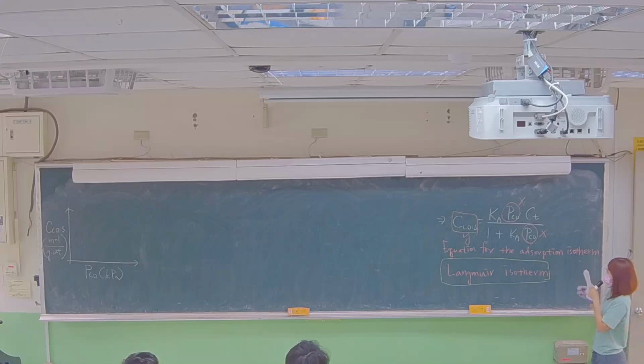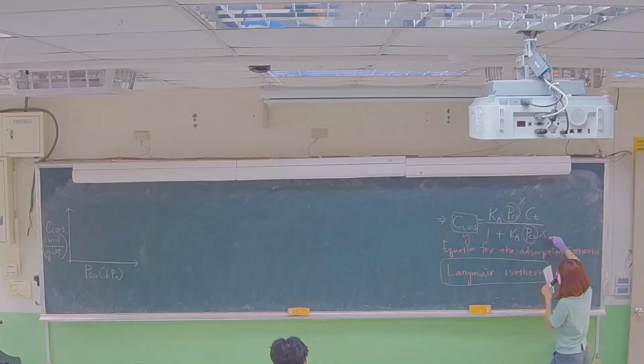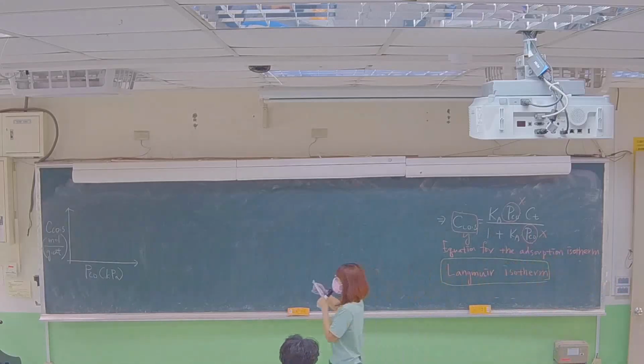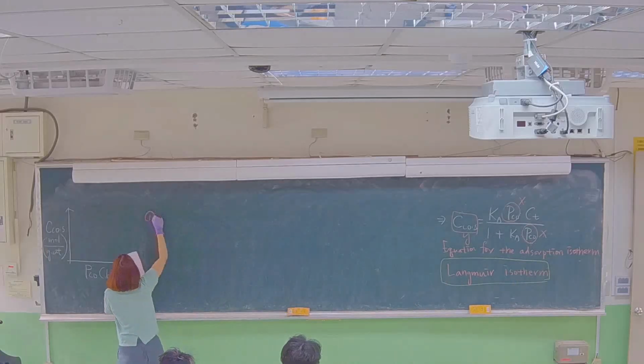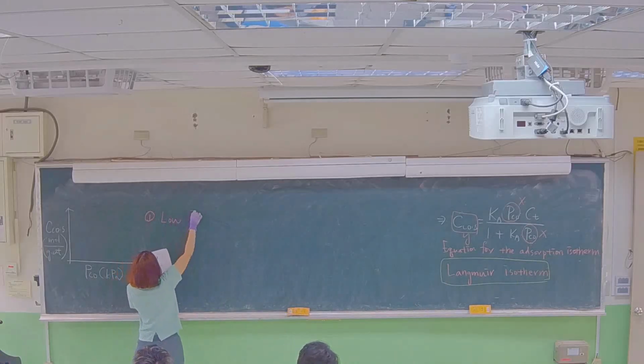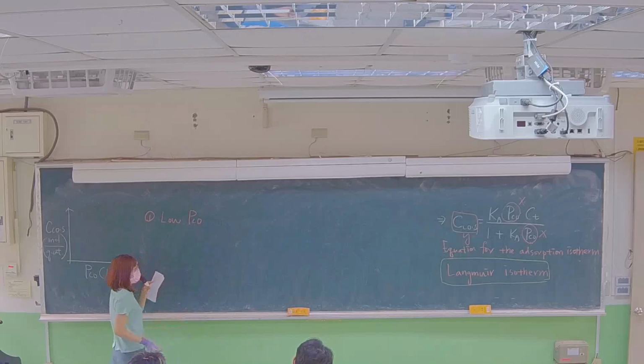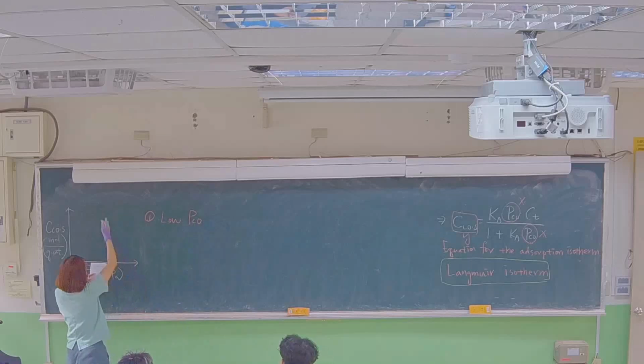To simplify this one, we have to talk about this part. The first case is at low PCO. We divide the region into two parts.